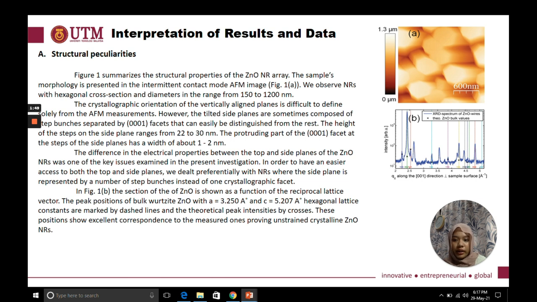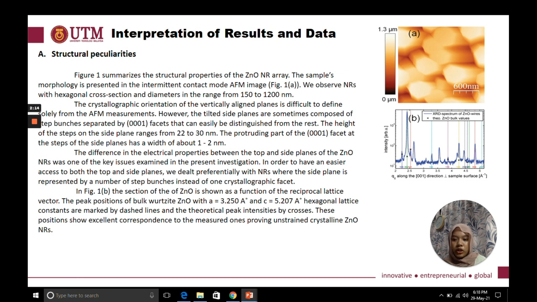In order to have easier access to both the top and side planes, we dealt preferably with nanorods where the side plane is represented by a number of step bunches instead of one crystallographic facet. In figure 1b, the section of zinc oxide is shown as a function of the reciprocal lattice vector.